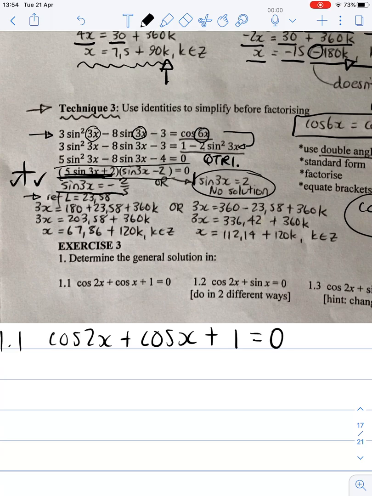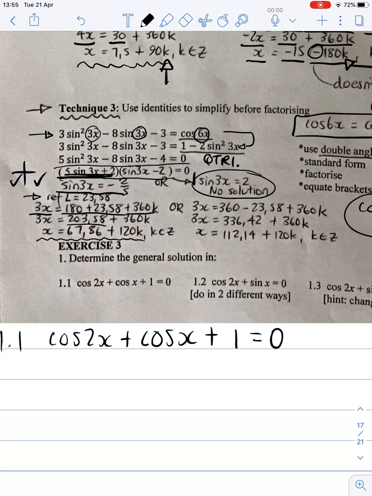So we are going into the third quadrant, and we therefore say 3x, our angle in this case, is 180 plus 23,58, our reference, plus 360k. Clean this up. 180 plus 23-ish is 203. And lastly, divide by the 3, making x equals 67,86 plus 120k. Cool.